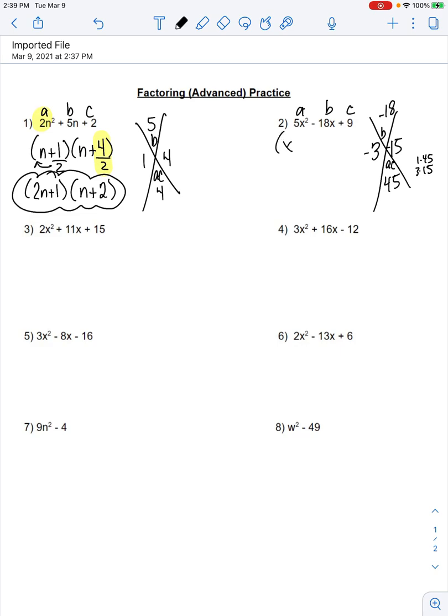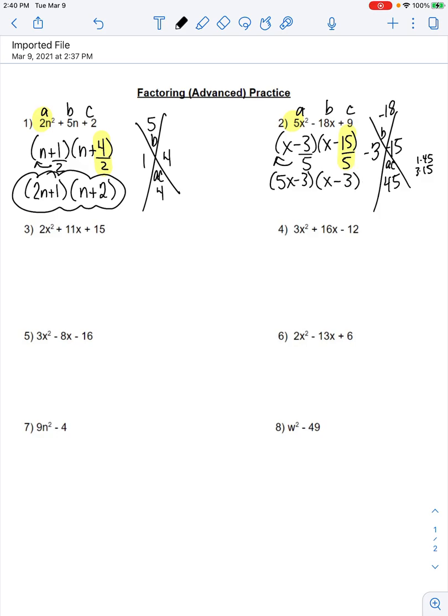So let's write our factors. X minus 3 times x minus 15, but remember we have to deal with that leading coefficient of 5. So divide everything by 5. 3/5, that won't reduce. So we get 5x minus 3 times 15 divided by 5, that does reduce evenly.